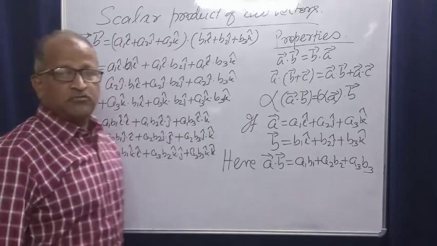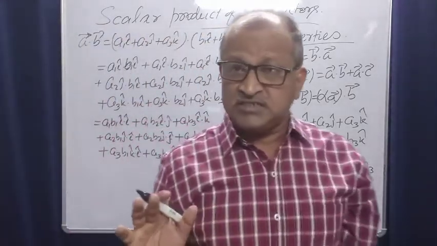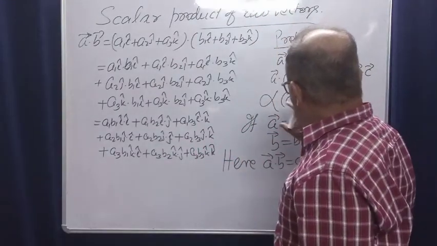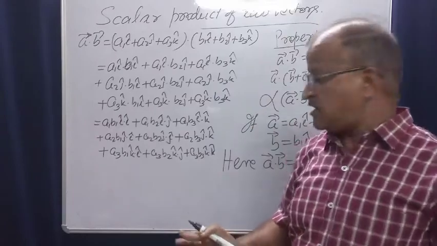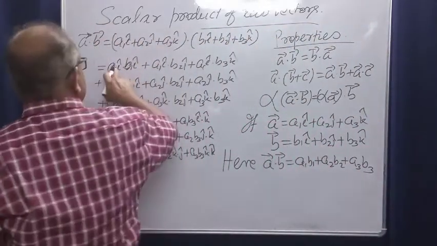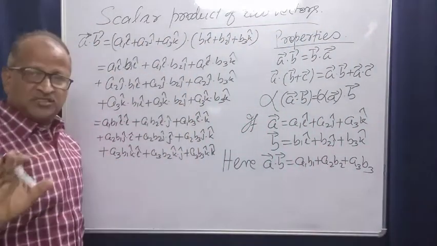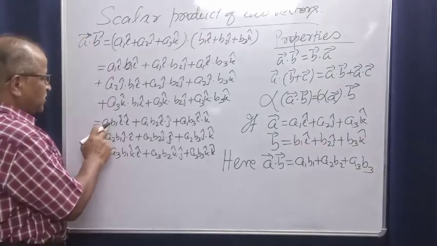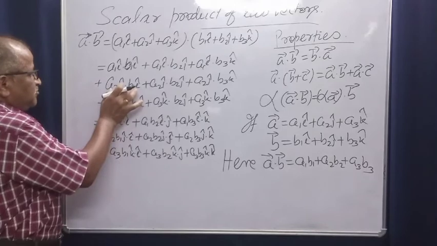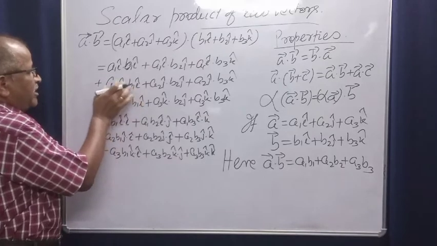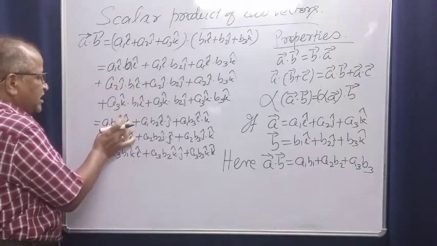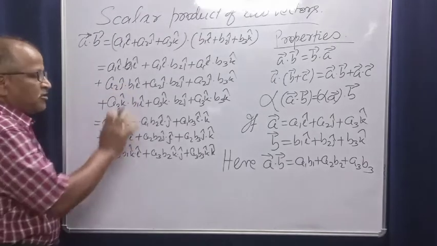I have already told you that it is associative with respect to multiplication of scalar, right? So these are all scalars: A1, A2, A3, B1, B2, B3. By associative law and also commutative law, we can write A1 B1 i cap dot i cap.